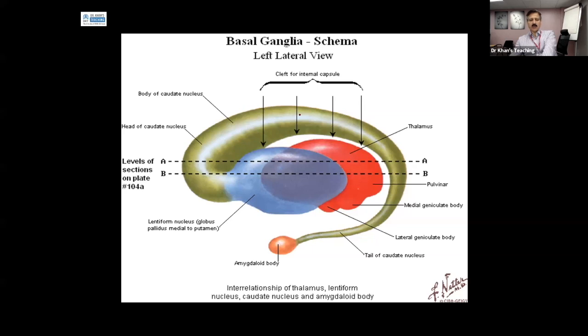So somebody will say that this is periventricular infarction. Actually, that is not periventricular. It is by definition periventricular, but it means it is in the caudate nucleus. So as you see this structure goes, and it goes into the temporal lobe, and there is an amygdaloid body, which I will cover shortly.